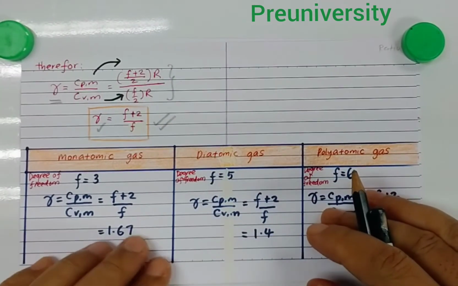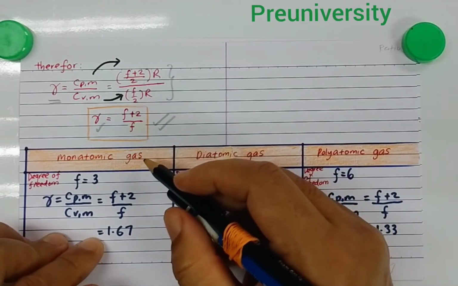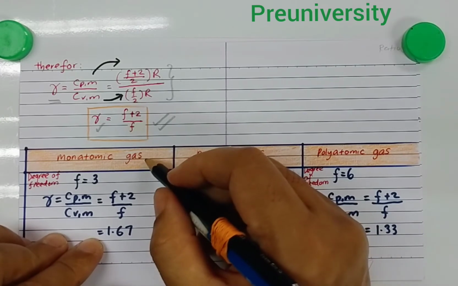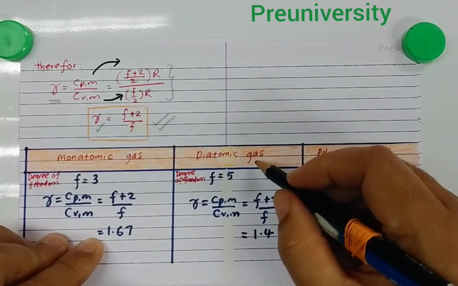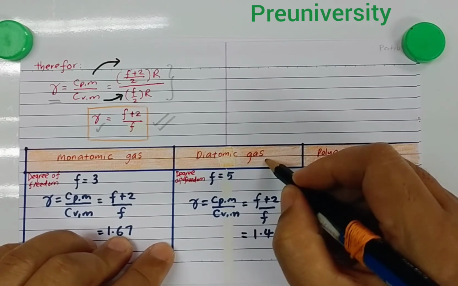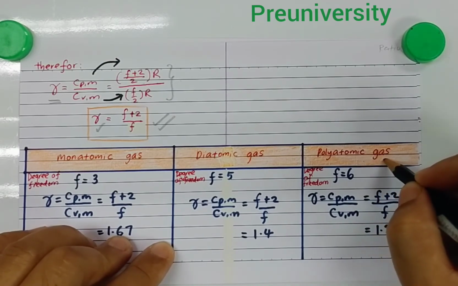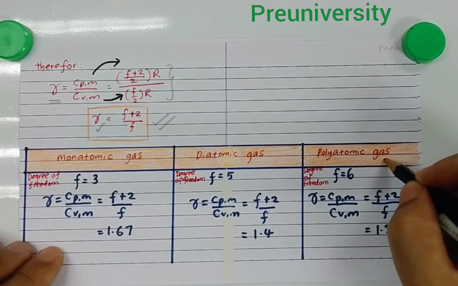Then we apply it to the monatomic gas, single atom gas, the diatomic gas, two atoms, and the polyatomic gas, more than two.